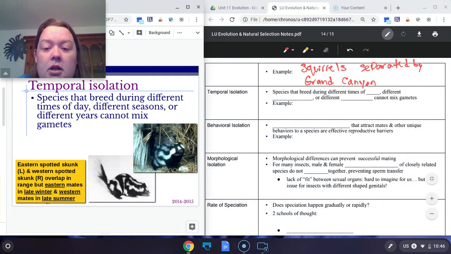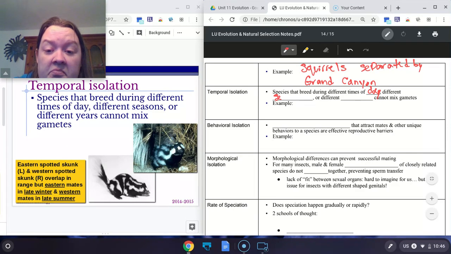Temporal isolation is when species are going to breed during different times of the day or different seasons or different years even. So it's when they don't mate during the same time of the year. So the example we have here are skunks.